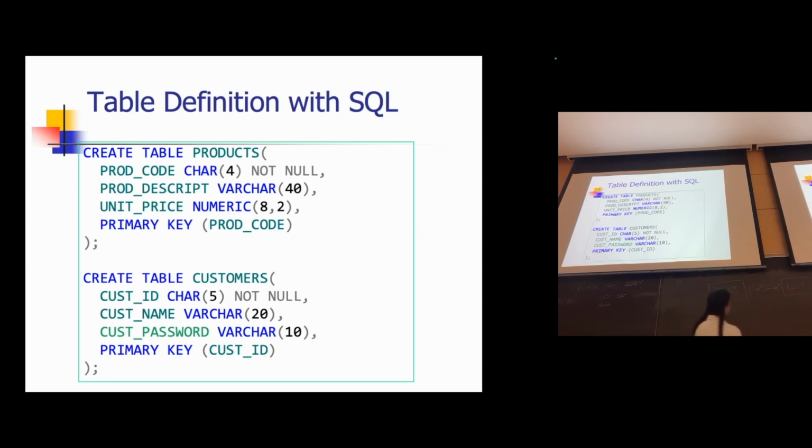So now I'm going to create the student table. I just write create table student, right? And now here come all the attributes, like student ID, first name, last name, and so on, right?